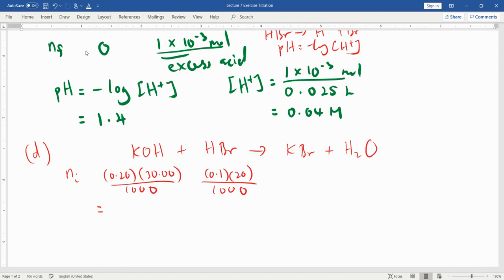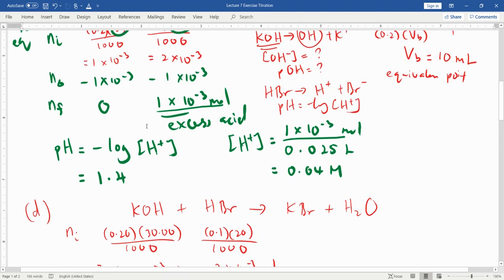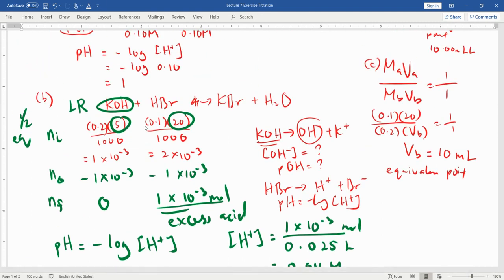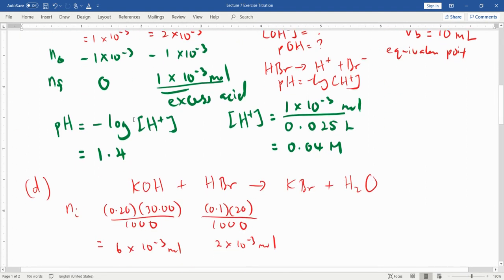Okay, so now we have 6 times 10 to the power negative 3 mole, and then acid is still the same. Now, just now at half equivalence point, KOH is the limiting reactant, where HBr is the excess reactant.